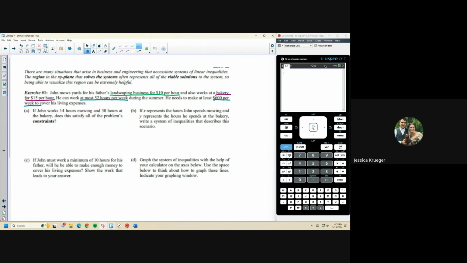So part A says, if John works 14 hours mowing and 30 hours at the bakery, does this satisfy all of the problem's constraints? Constraints are requirements or goals, or limitations.